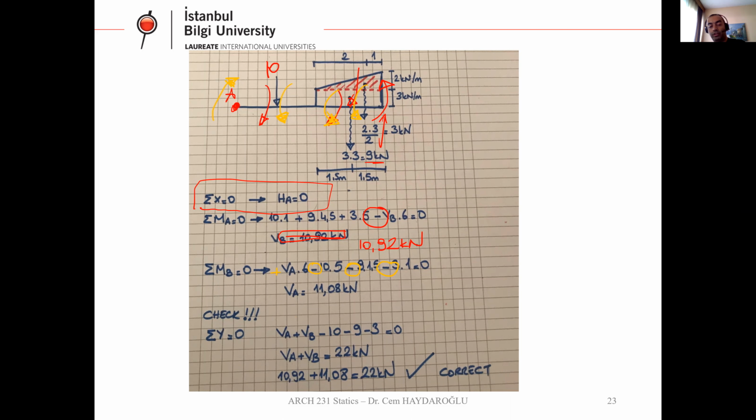You know, we have 3 equilibrium equations. We've just used only 2 of them. We can use the last one to check our calculation. Total y equals 0.